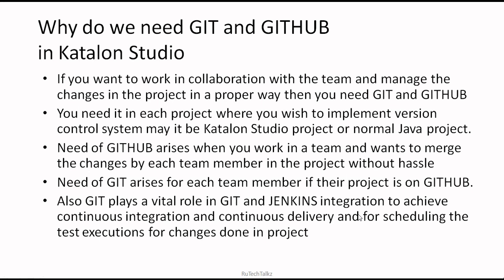Also, Git plays a vital role in Git and Jenkins integration to achieve continuous integration and continuous delivery, and for scheduling the test execution for changes done in the project. In this tutorial, as I said earlier, we are going to learn about Git, and how to set up and install Git. In the next session, we are going to cover Git and Jenkins integration. For that, the prerequisite is to have GitHub and Git setup done on your machine.